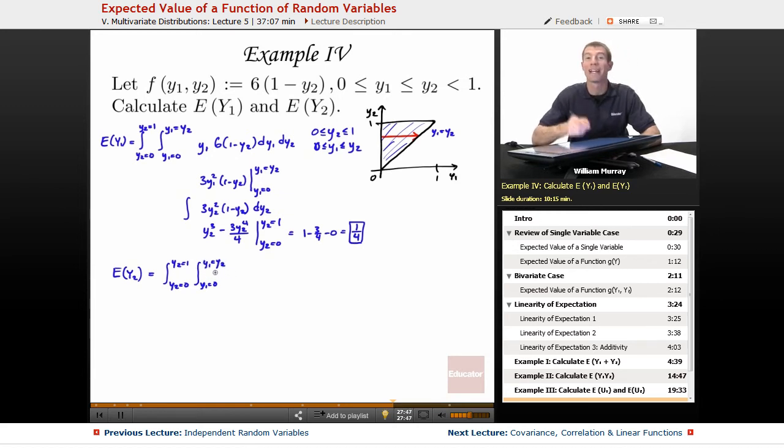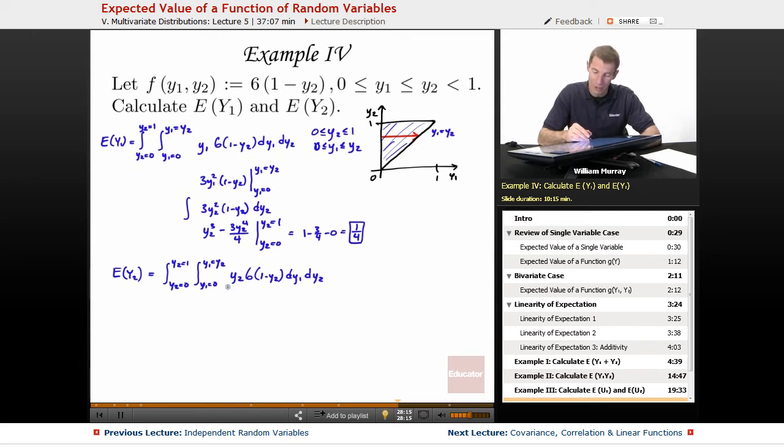The same integral, except that instead of multiplying by y1, I'm going to multiply by y2 because that's what I'm finding the expected value of. So y2 times 6 times 1 minus y2, now dy1 and dy2.